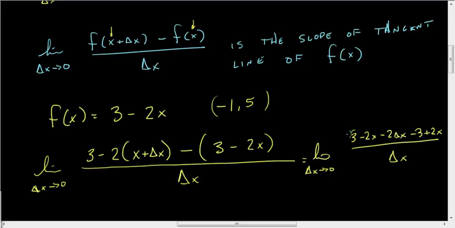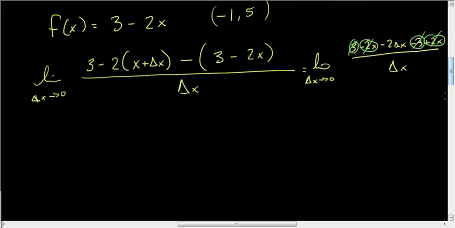Those cancel. Here we have a negative 2x and a positive 2x. Those cancel. So what we're left with is nothing more than the limit as delta x tends to 0 of negative 2 delta x over delta x.